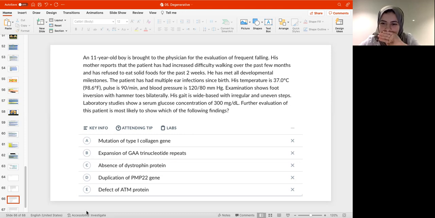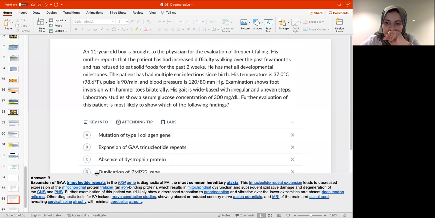Hammer toes and ataxia. Why wide-based gait? Also his age, it's young, so you know that it's a mutation. Also the glucose level indicates insulin resistance. And I added the explanation here again. So it's Friedreich ataxia, which is the most common hereditary ataxia, especially when you see his age and he has ataxia. So you think of Friedreich ataxia.